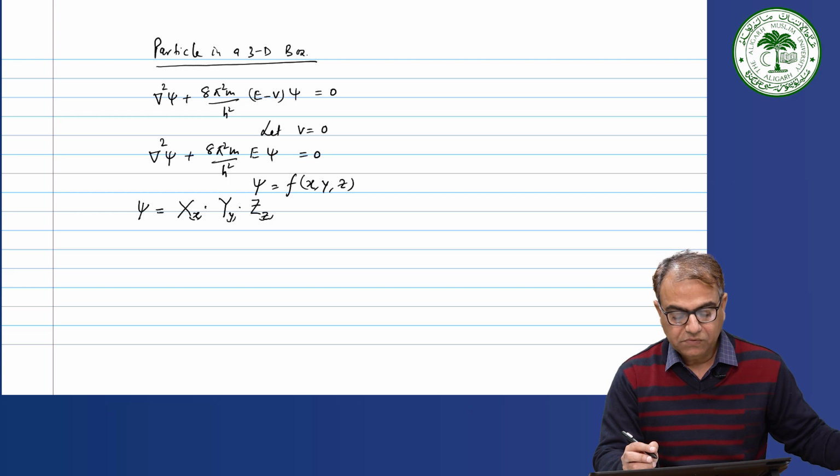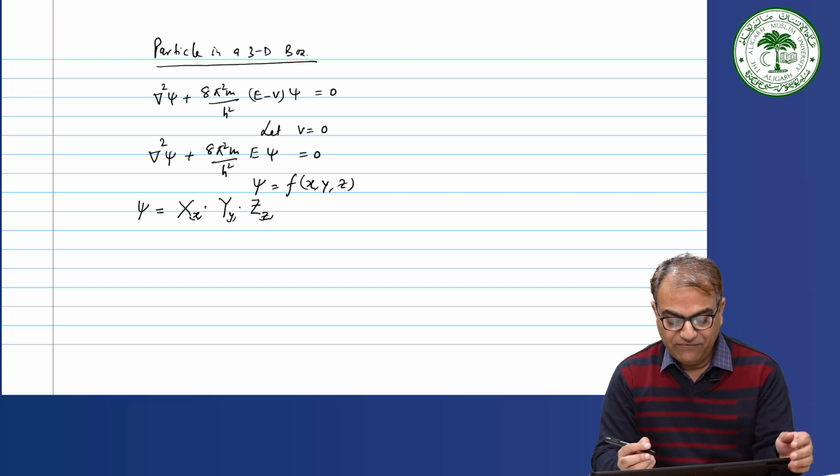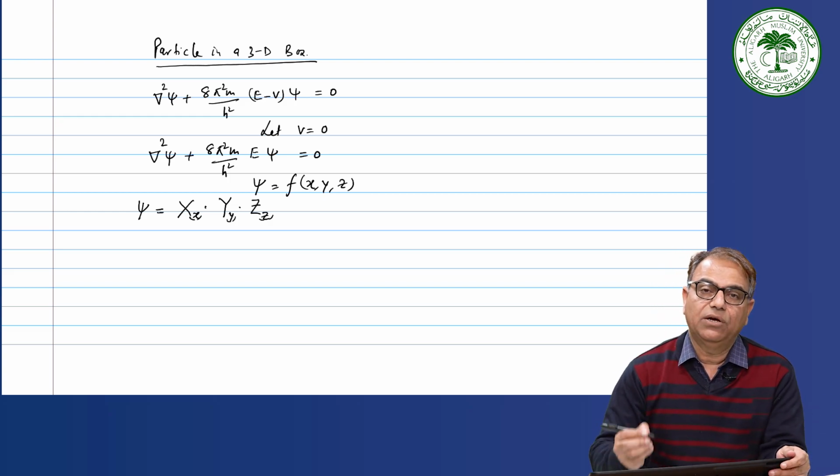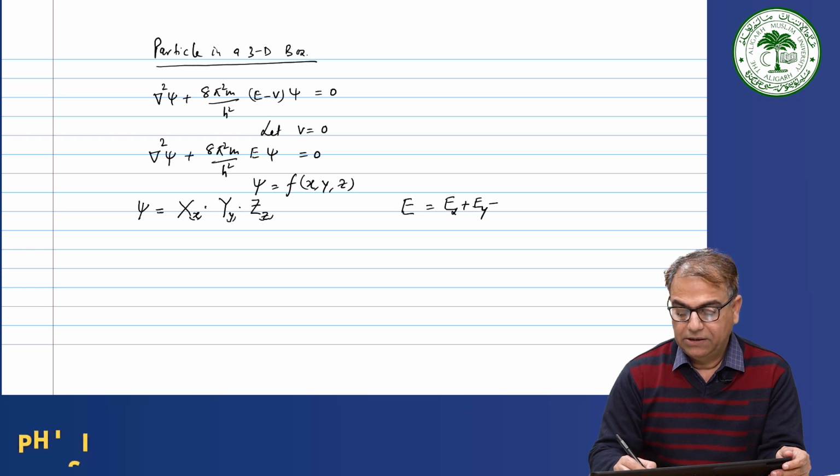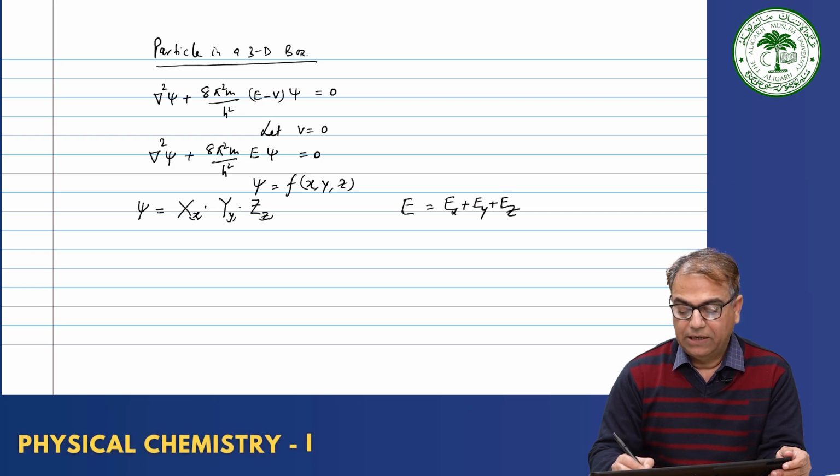Okay. Now in the same fashion, we can write the energy also. We can split the energy. Energy will also depend on different variables. So energy also we can split into component energies Ex, Ey and Ez, and the total energy will be the sum of the energies.